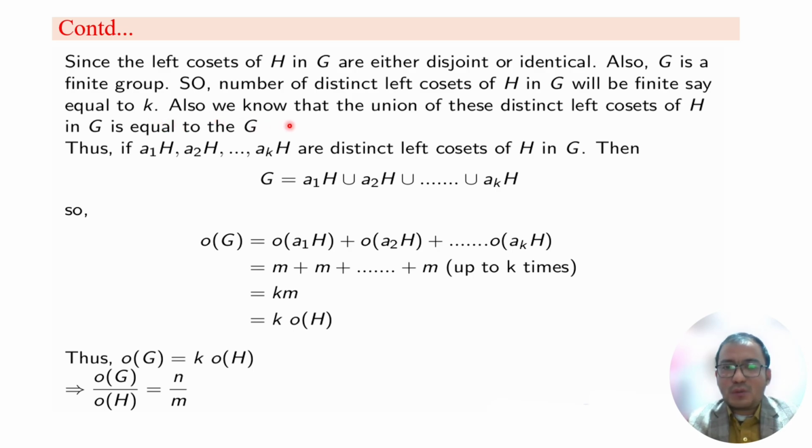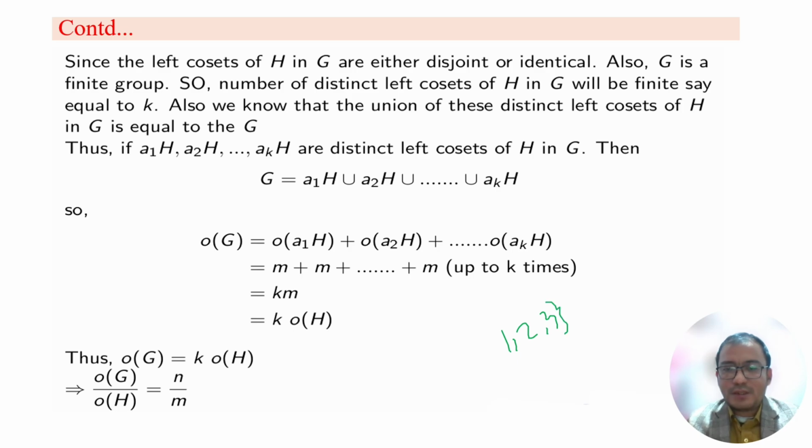Also we know that the union of the distinct left cosets of S in G is equal to G. While talking about this, I would like to say that 1, 2 and 3 are sets.